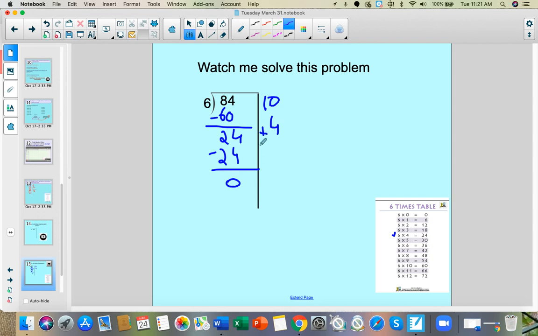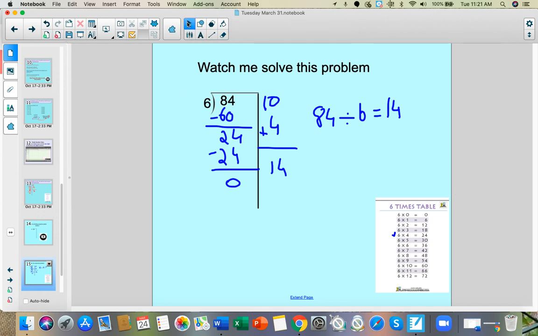And I add this up. I get 10 plus 4 is 14. I know that 84 divided by 6 should equal 14. Okay. If you want to listen to this video again, please rewind it and listen to this method.